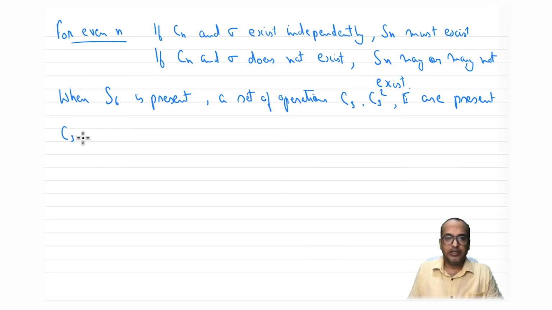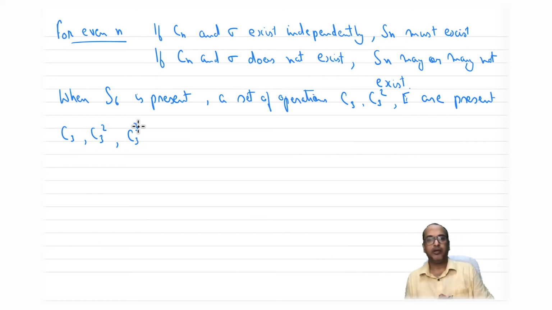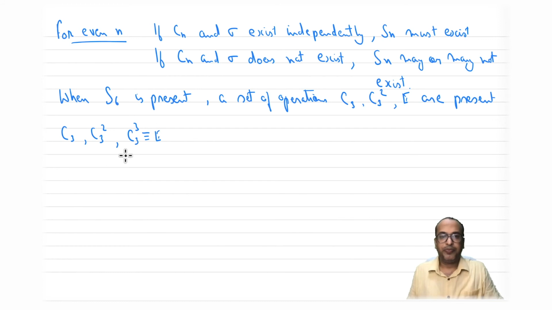Because C3, C3 squared, and E can also be written as C3 cubed, which is equivalent to E. So these three operations imply that C3 exists independently.